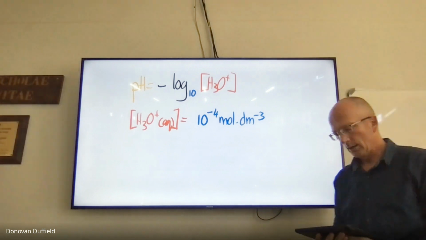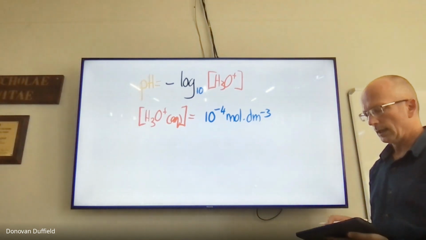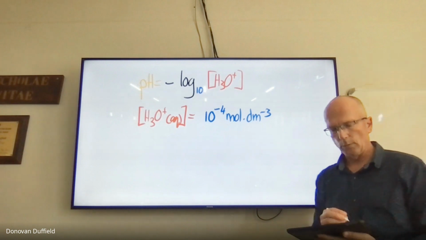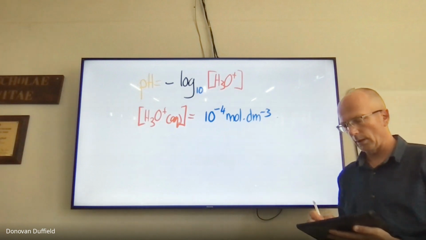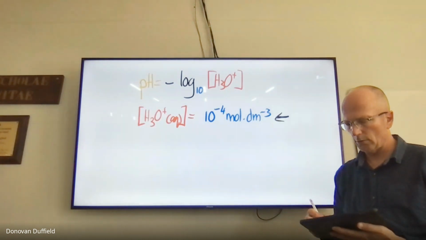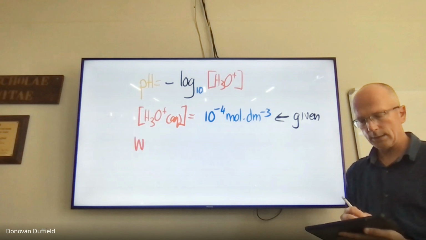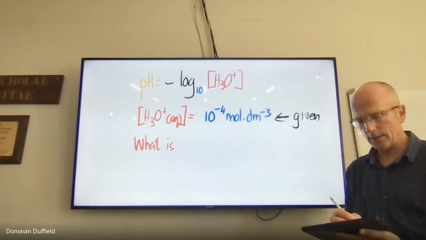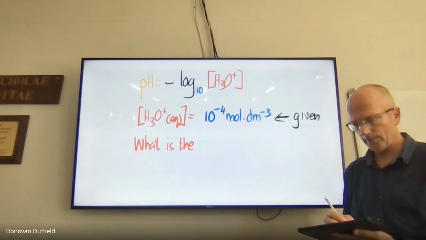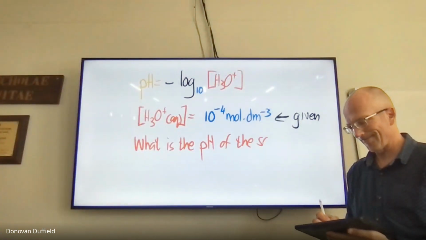All right. So we are told that the concentration in a particular solution is 10 to the negative 4 mole per cubic decimeter. Let's say this is given to you. And we ask, what is the pH of the solution?